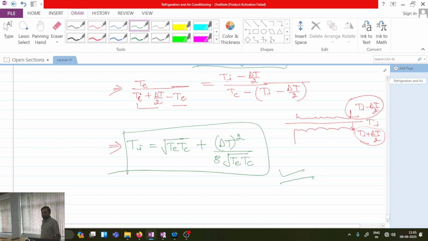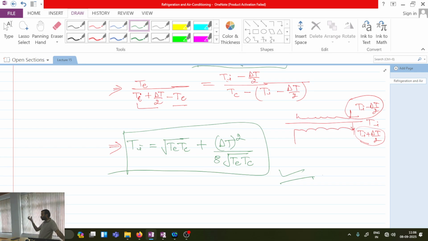So what is this delta T? Delta T is the temperature difference between the two streams which are participating in the cascade condenser. If delta T is large, the size of the heat exchanger will be small. If delta T is small, the size of the heat exchanger will be large. If delta T is large, the thermodynamic cycle will be less efficient. If delta T is small, the thermodynamic cycle will be more efficient.